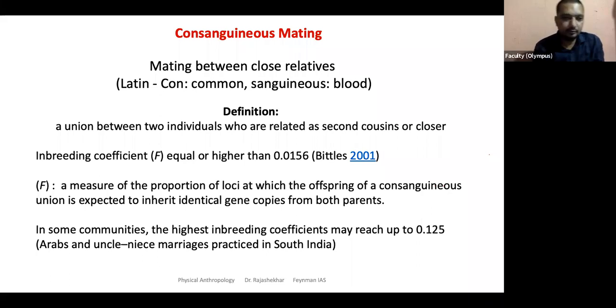By definition, some general definition is this: a union between two individuals who are related as second cousins or even closer than second cousins.